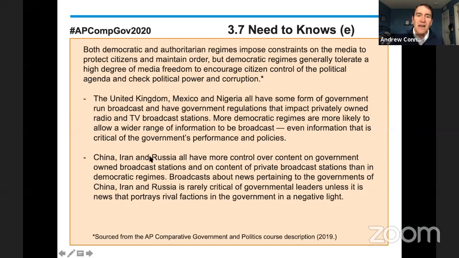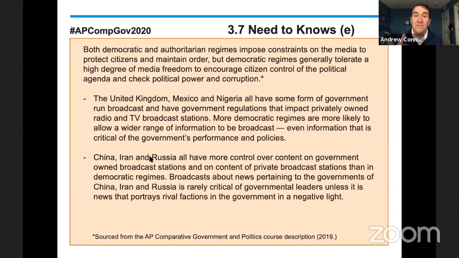So China, Iran, and Russia are more authoritarian on the spectrum on that scale. And we know that the broadcast outlets in all three of those countries are particularly careful to not let news come out that is critical of those in charge, of the parties in charge or the factions in charge. And sometimes this veers, particularly in Russia, where you do have private ownership of broadcast media, but there's also this idea that if you privately own a TV station or a radio station in Russia, you better self-censor and prevent the broadcast of news that's critical to the government.